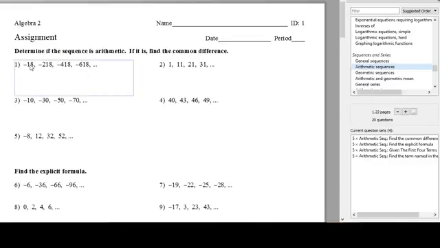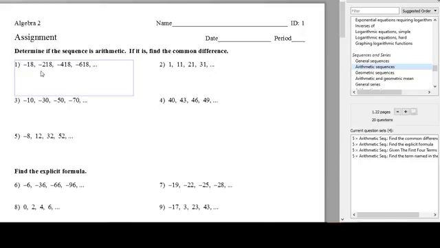The common difference is the difference between each one of these numbers. If I add the same number to each one of these values, or subtract the same number away, then it's arithmetic. So in order to go from 18 to 218, what do I have to add to it?